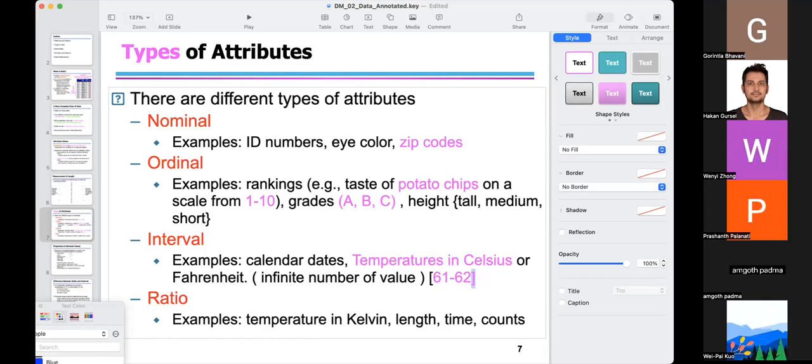We're gonna record an interval like this for the sake of saving space and having less number of values in our database. And then we have ratio. This kind of data makes sense if it is divided. And so we take it as a ratio, for example, length, time, or counts.